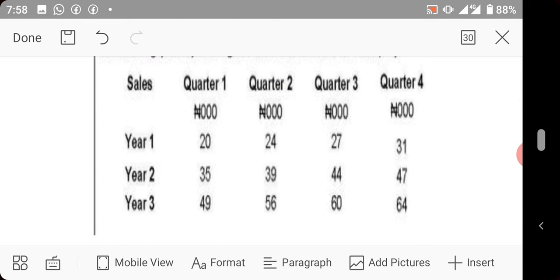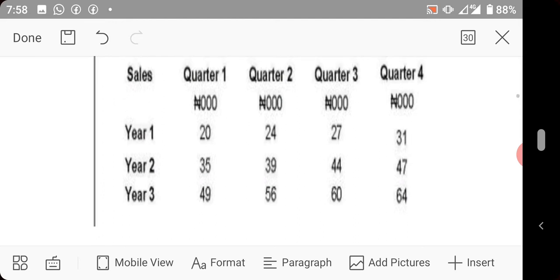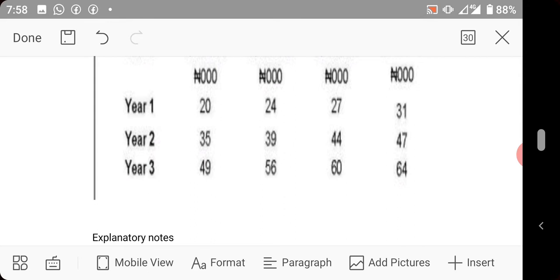So in quarter 1 for year 1, the sales was 20,000. In quarter 2, year 1, the sales was 24. In quarter 3, year 1, the sales was 27. In quarter 4, year 1, it was 31. In that order, for year 3 in quarter 4, the sales was 64,000.